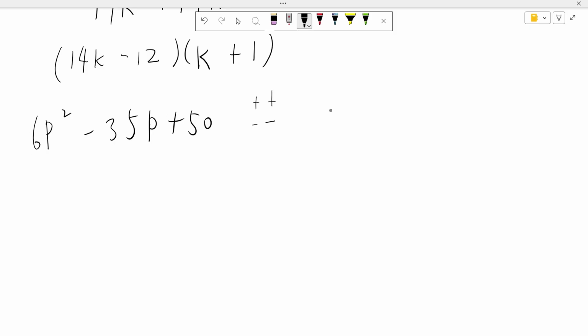But anyway, we do a similar thing. 6 times 50 is 300. Now 6 plus 50 is never going to result in a negative number, so these two numbers are out.